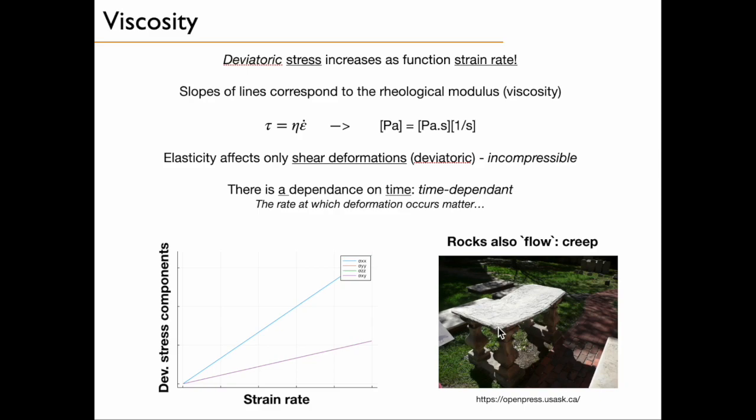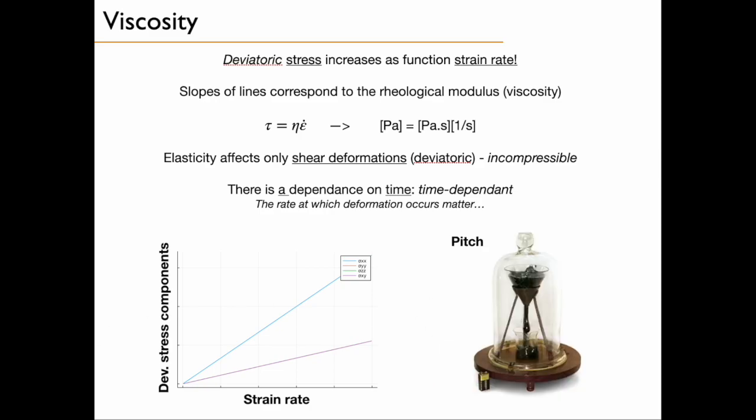So this rock is under the gravity loading, and with time it's been creeping and developed a sag shape here, which is a permanent deformation. So rocks do creep, and the creep takes time, so rocks are viscous.